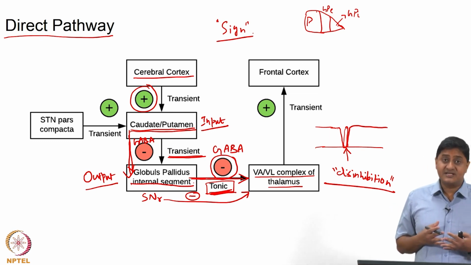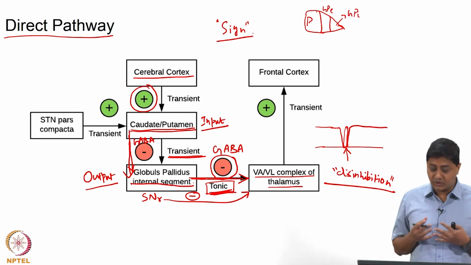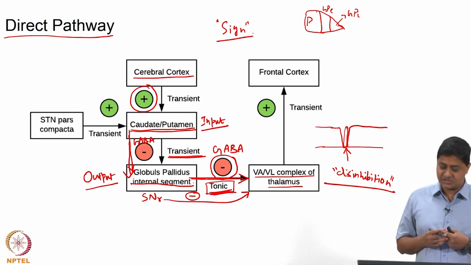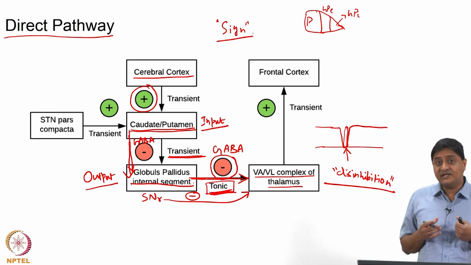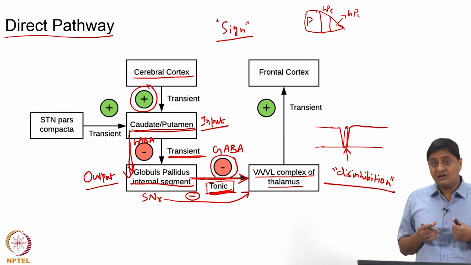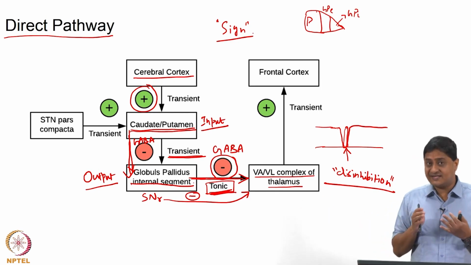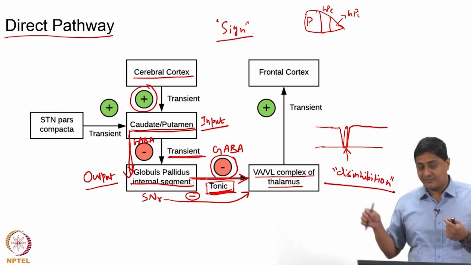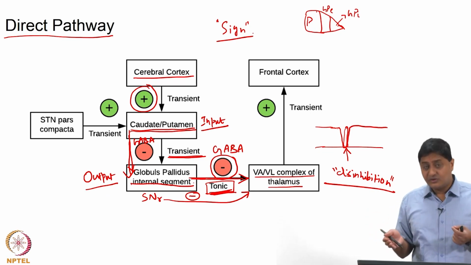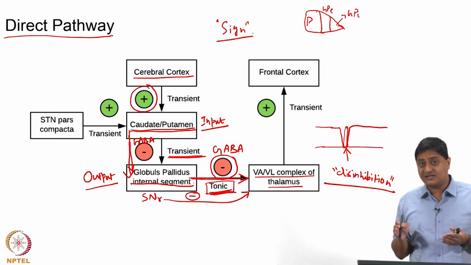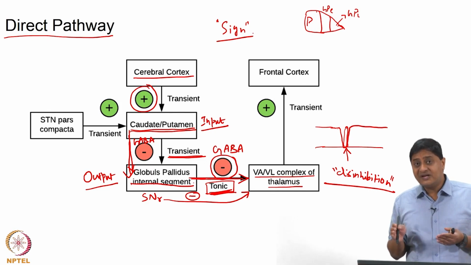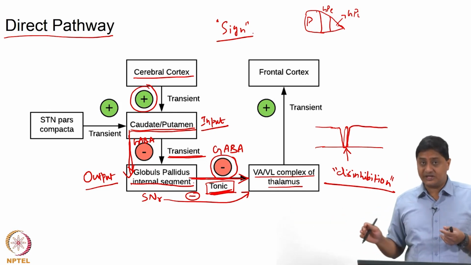Cerebral cortex sends excitatory or glutamatergic inputs to the striatum. Note, the striatal neurons themselves are inhibitory, they are GABAergic. So, when they are activated, they are going to produce GABA at their output. So, when they are excited, they are going to inhibit neurons in the globus pallidus internal, which by itself is already inhibiting the thalamocortical neurons.